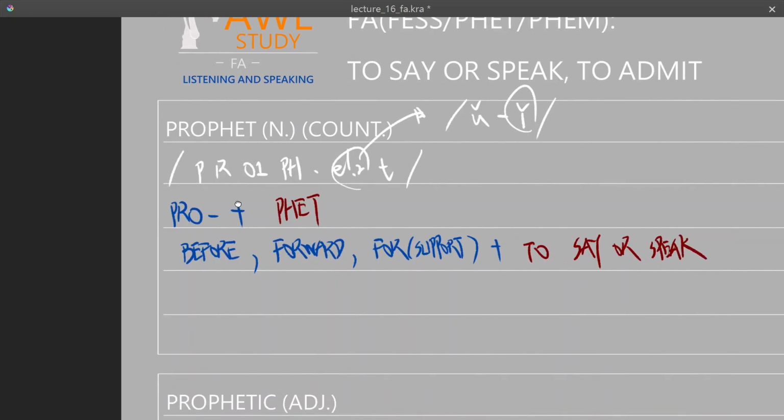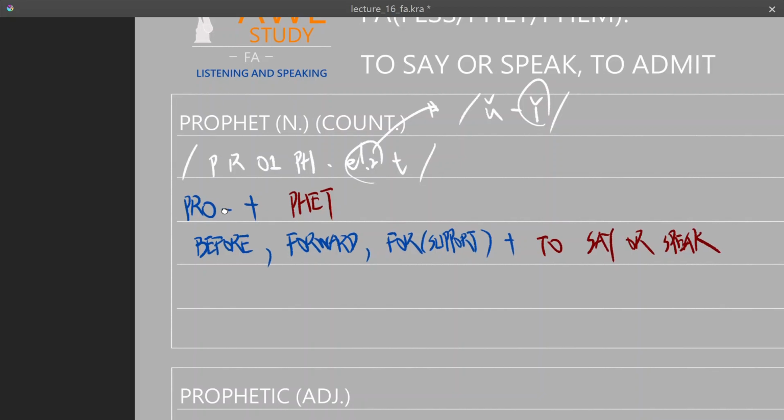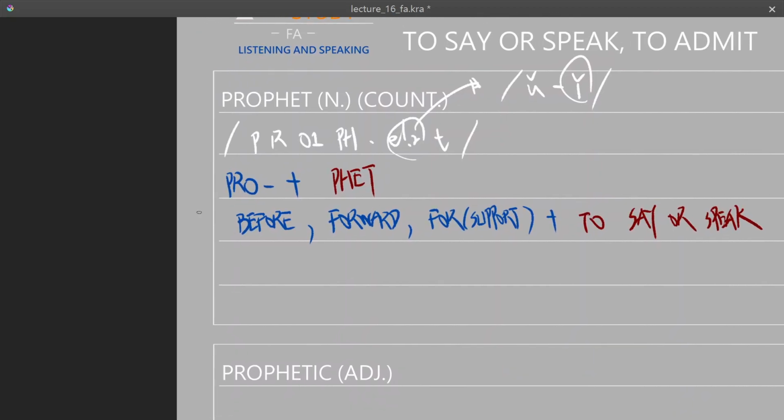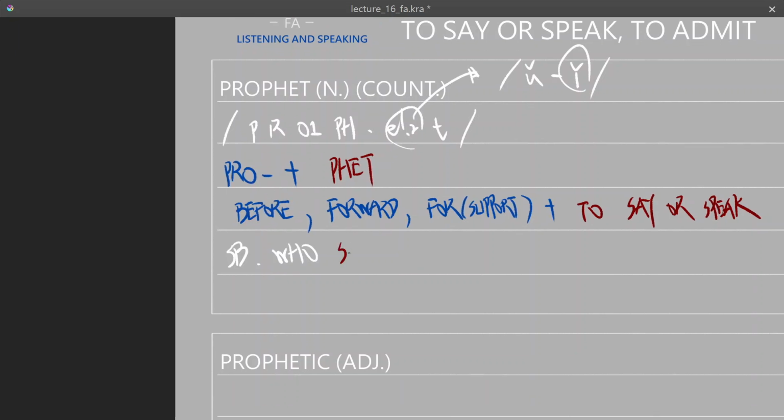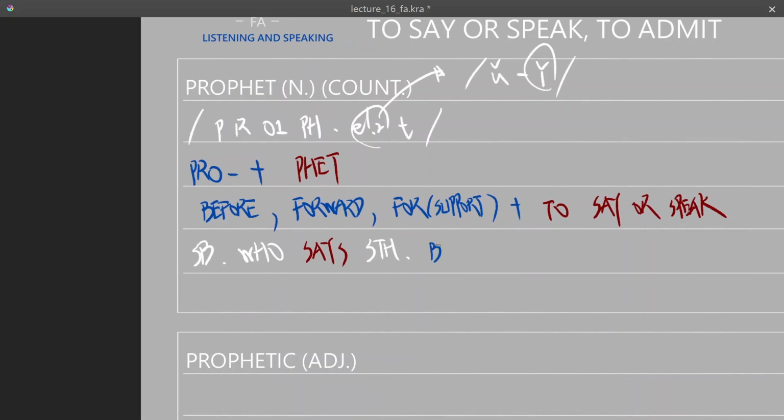So prophet usually means somebody who says something beforehand. That's it.